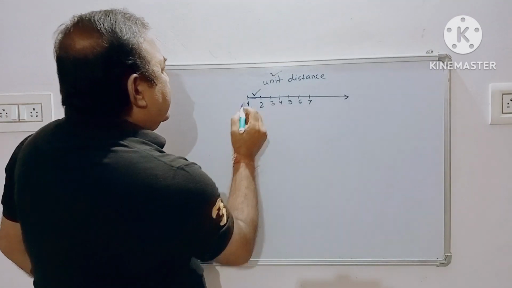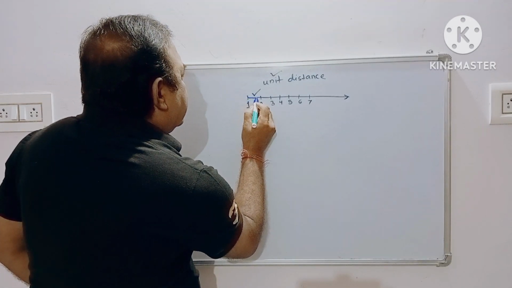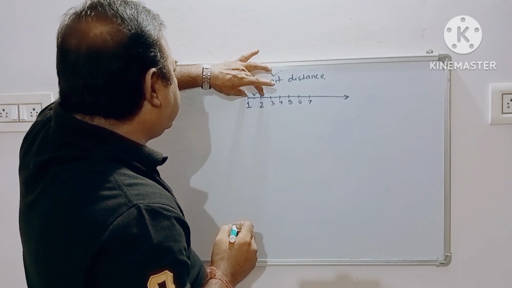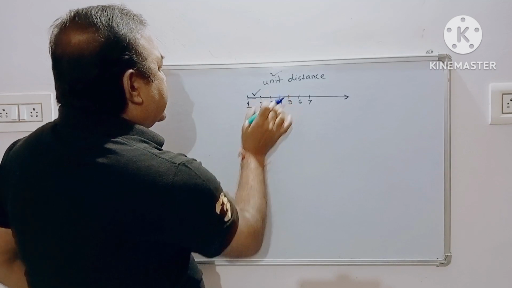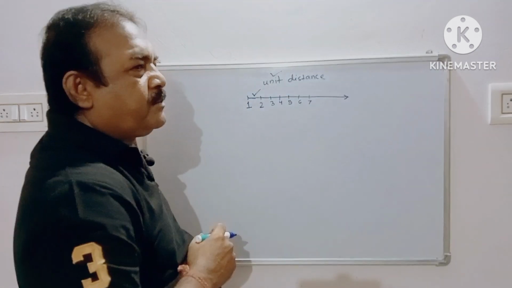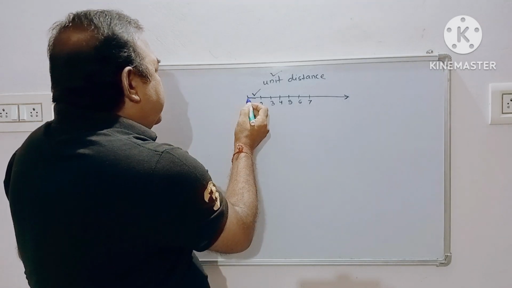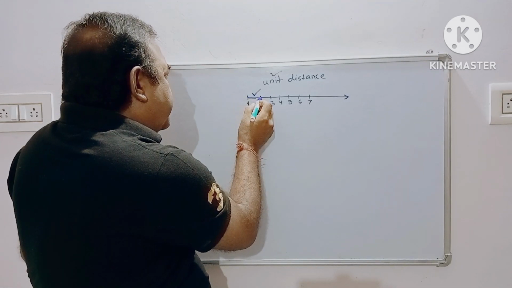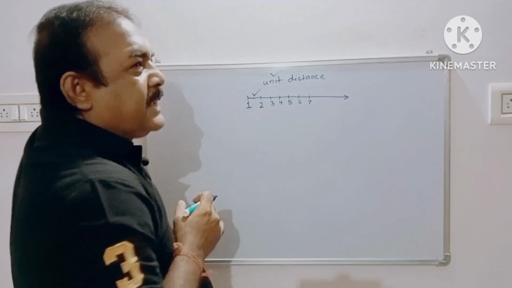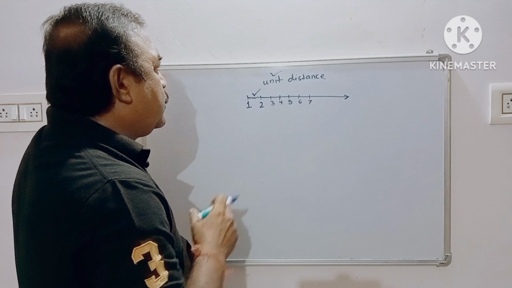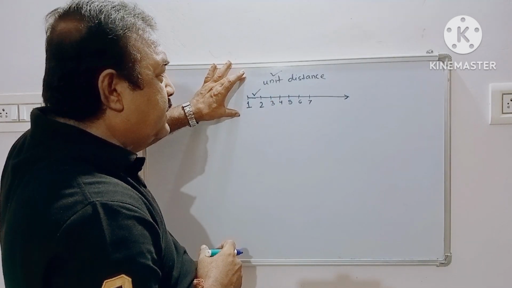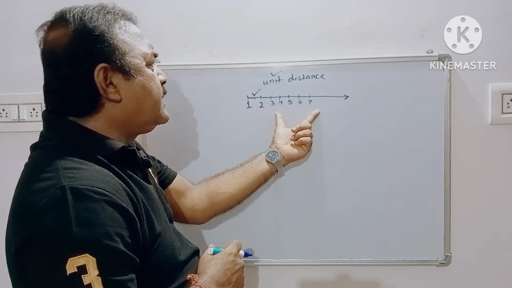You see, the length of this distance is equal to the length of this distance. These are called the unit distances. When we are showing the natural numbers, we have placed the natural numbers on the line.